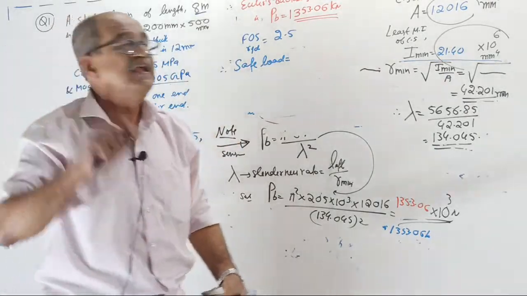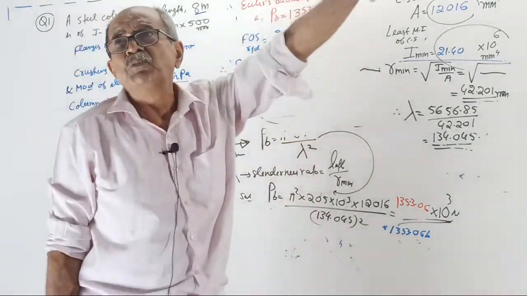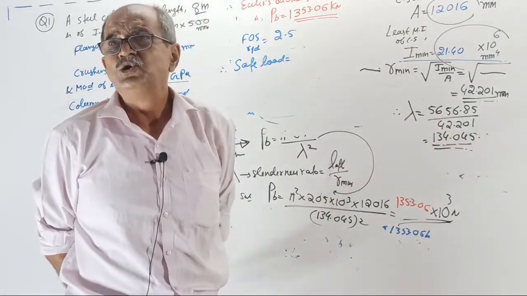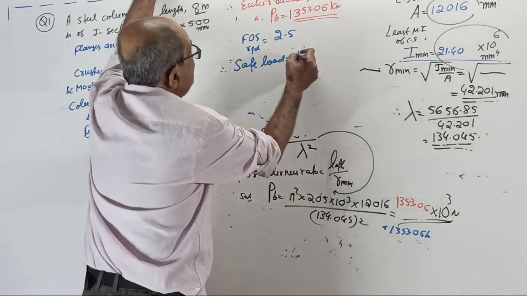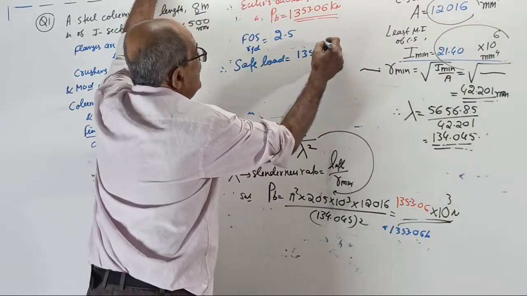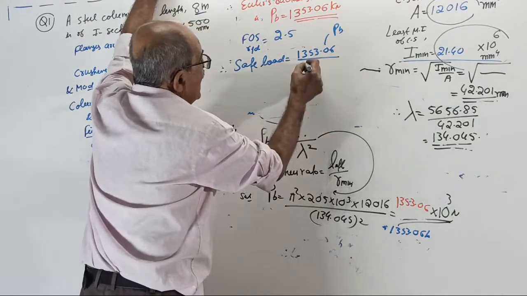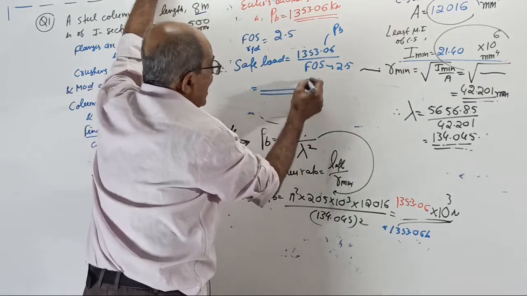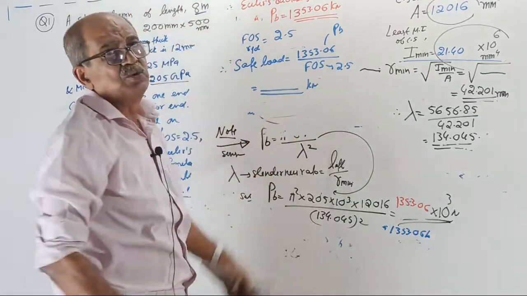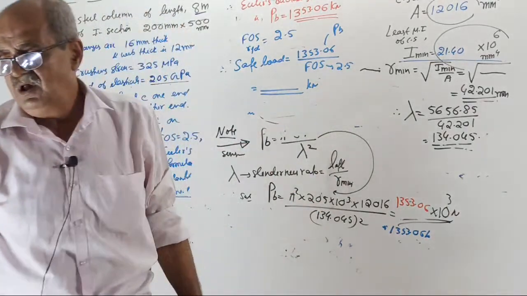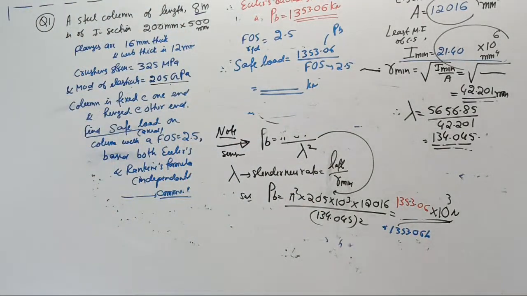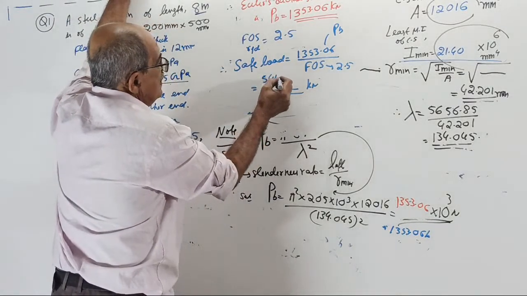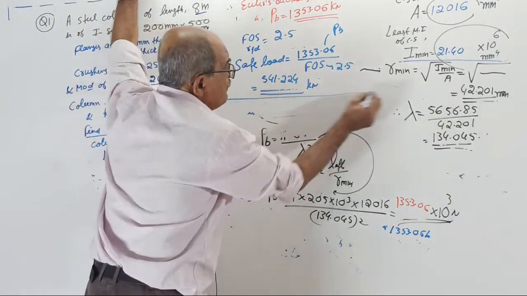If it is your building, and someone tells that the column will buckle at 1353 kilonewton, then how much load will you allow? It equals 1353.06, that is the buckling load, divided by factor of safety of 2.5. Around 400, the answer is 541.224 kilonewton. That is the safe load.